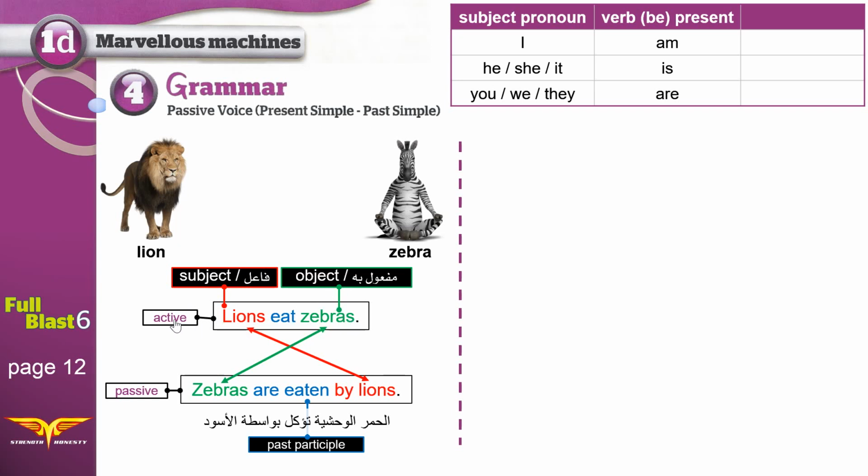Now this sentence is active, and it is in the present simple. Now to make it passive, all we needed to do is put the object first and put the subject last, add by before the subject, and we need to use the verb in the past participle form.